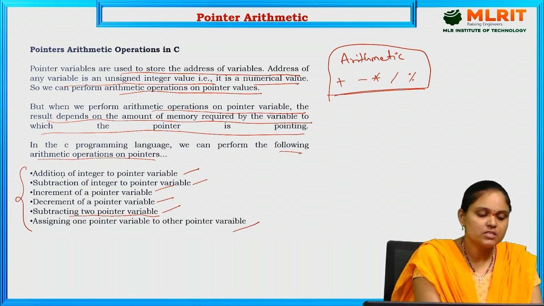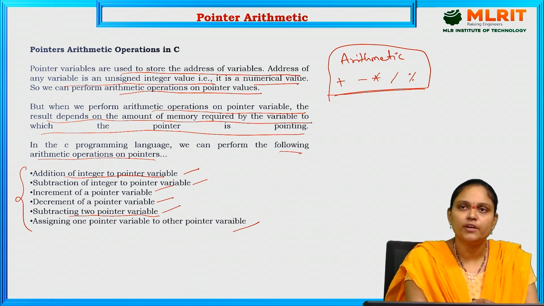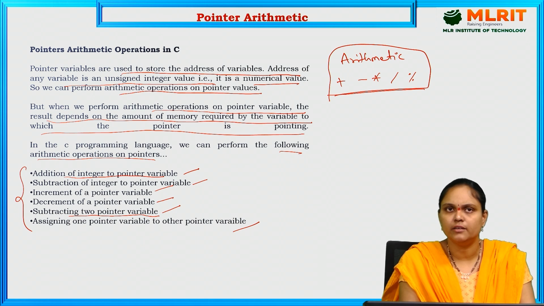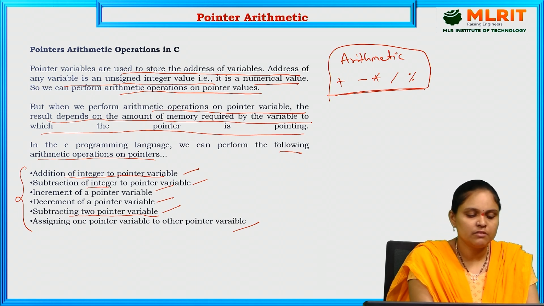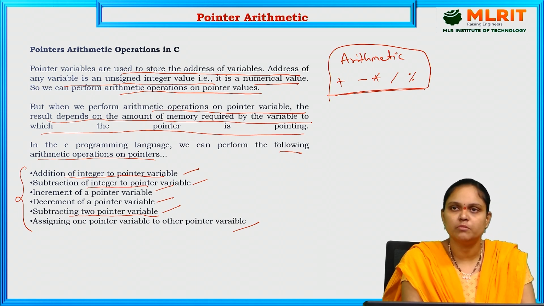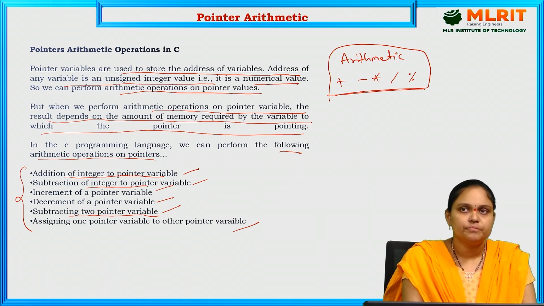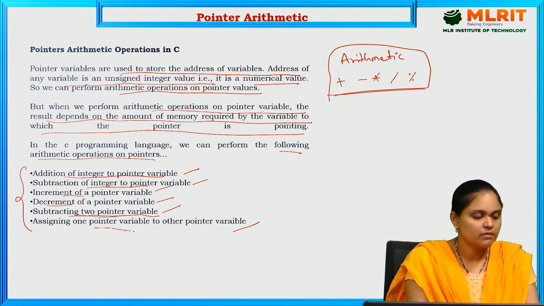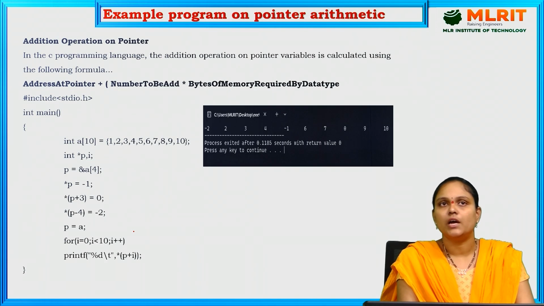Adding an integer to a pointer variable means we are adding some integer to an address. And we can subtract any integer from a pointer variable. Also we can increment, decrement, subtract two pointer variables, and assign one pointer variable to another pointer variable.